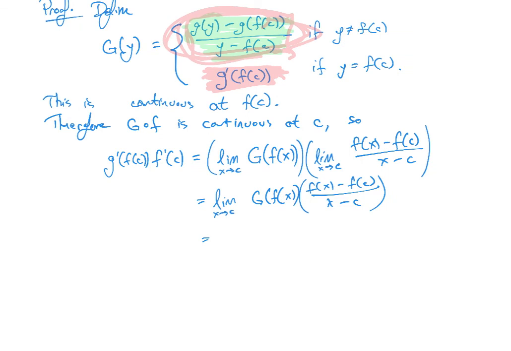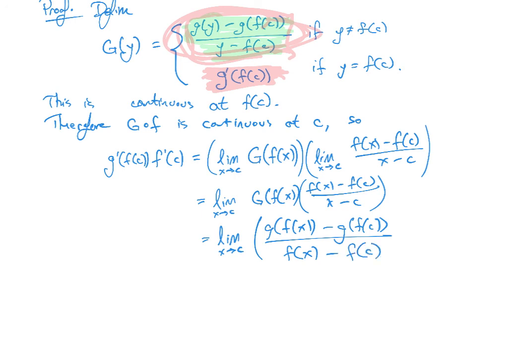So I'm going to use the definition of capital G from above. It is g of y, which is f of x here, minus g of f of c, all over f of x minus f of c.